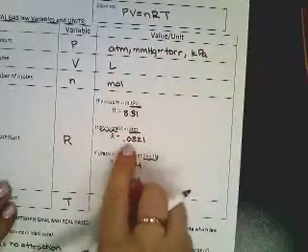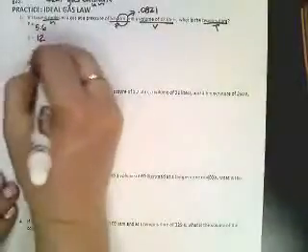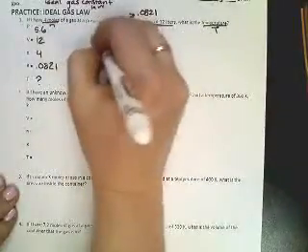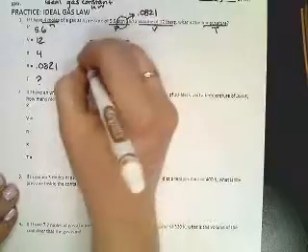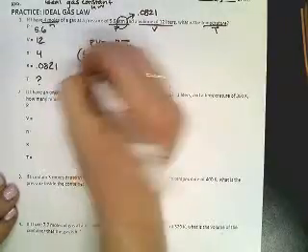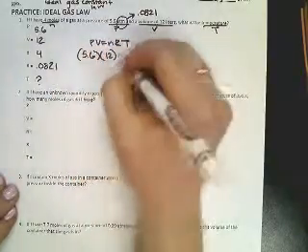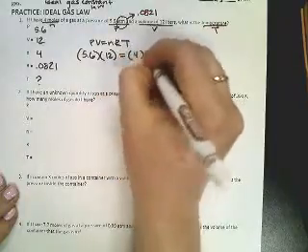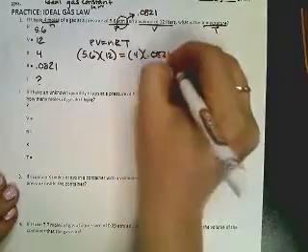Remember, when pressure is in ATM, R is 0.0821. I'm using PV equals nRT. I plug in my values: 5.6 times 12 equals 4 times 0.0821 times temperature.